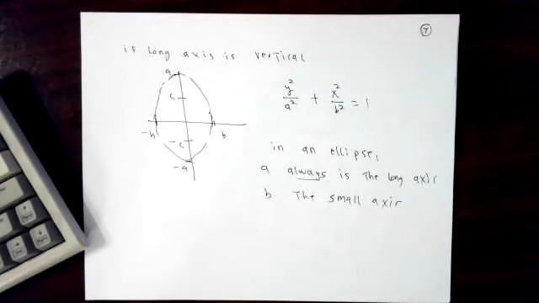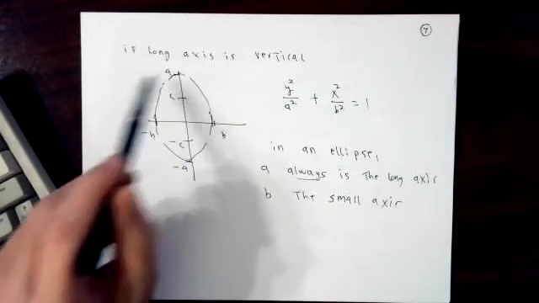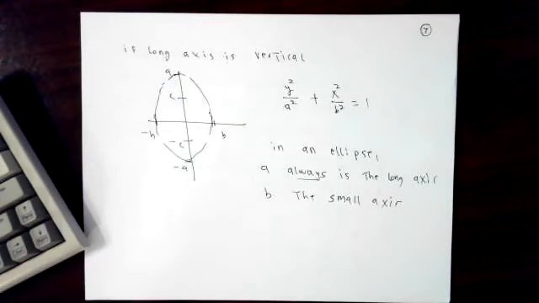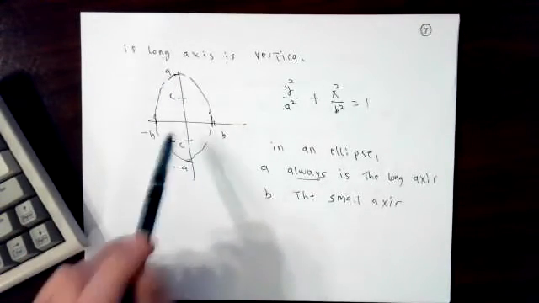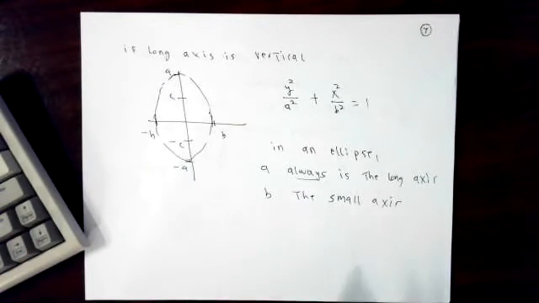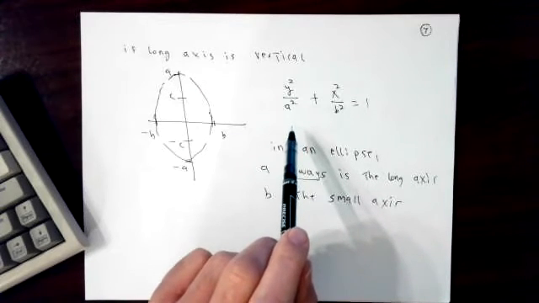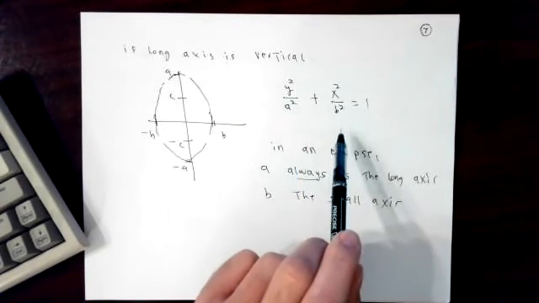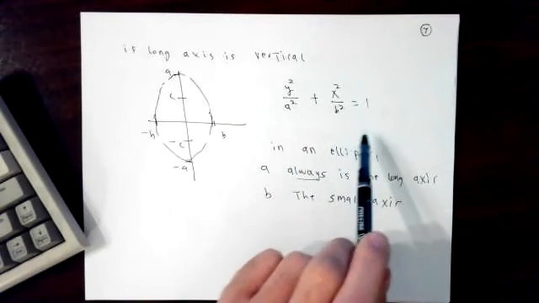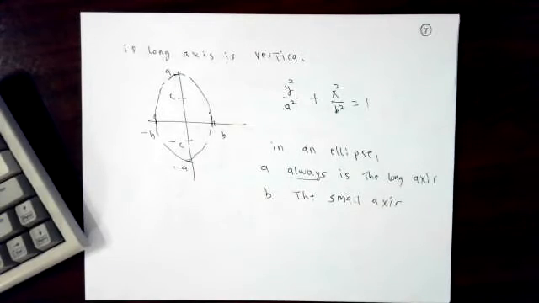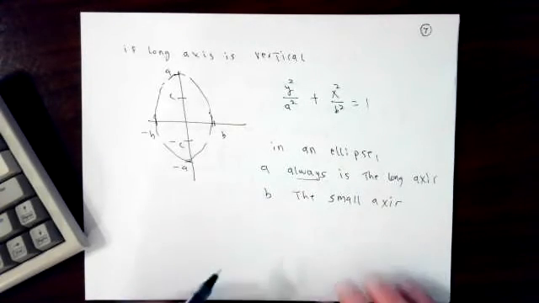If the long axis were along the y-axis, I'd call this distance a and this distance b instead. So the equation would be y squared over a squared plus x squared over b squared equals 1. And the reason is the same as before.